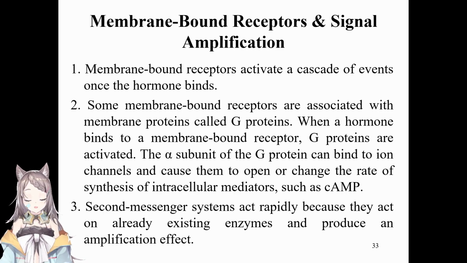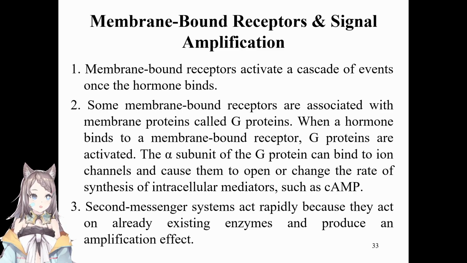Secondary messenger systems act rapidly because they act on already existing enzymes and produce an amplification effect. As contrasted to nuclear receptors, membrane-bound receptors are much faster because the messengers are already present. They are just inactivated. So instead of making new proteins, you just have to activate different pathways.